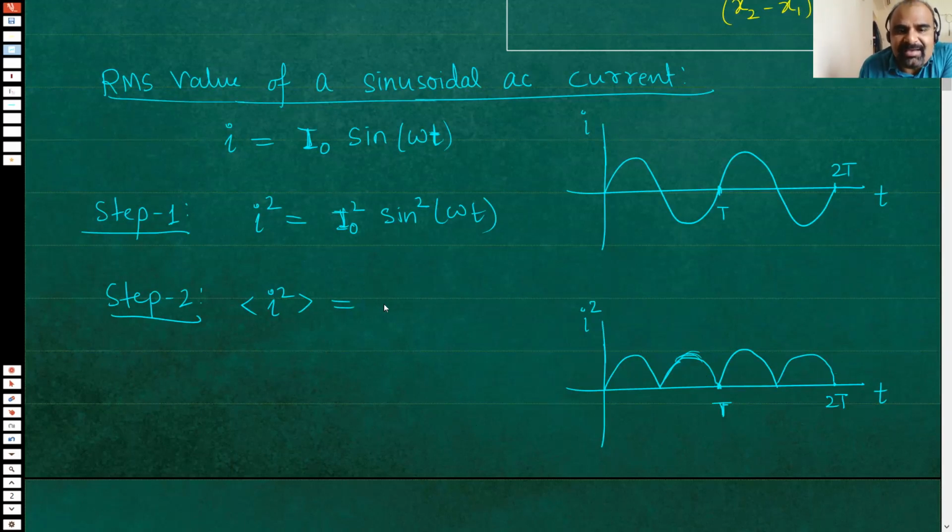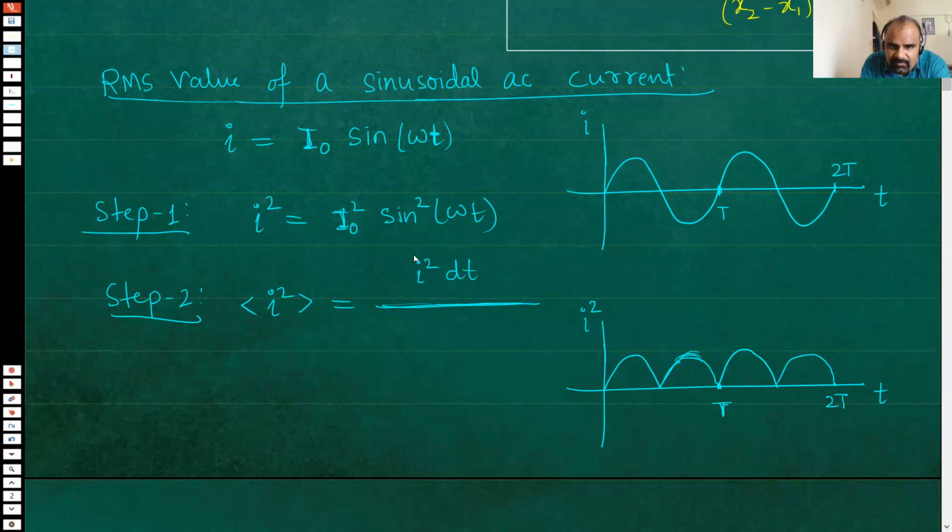Now how will you find the average of it? Well, as I just now told you, we want to find the average up to time T. Whatever will be the average during one cycle, the same will be the average during the next cycle or next time period. So we want to find the average during one time period.